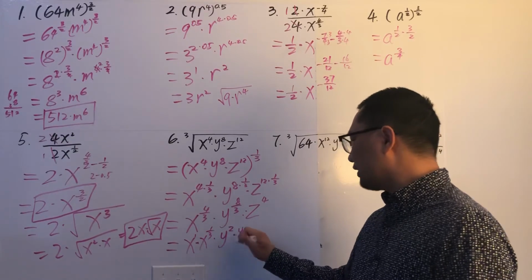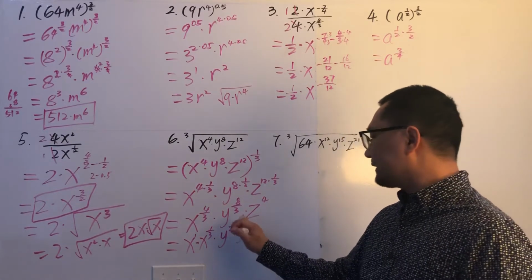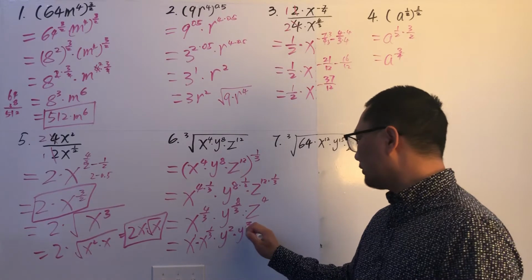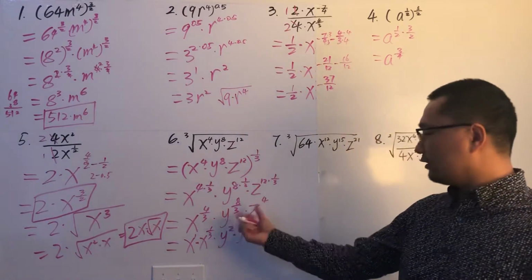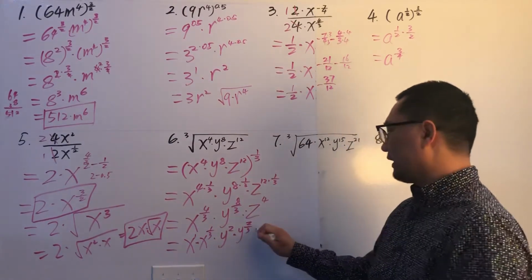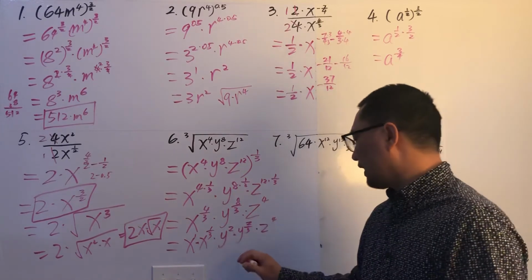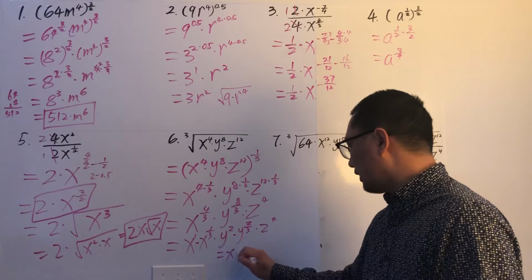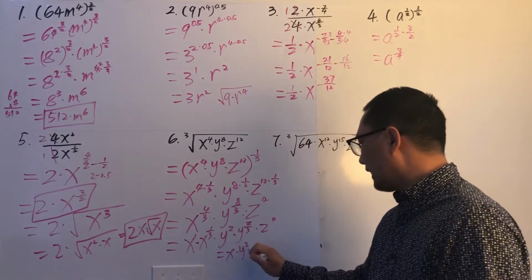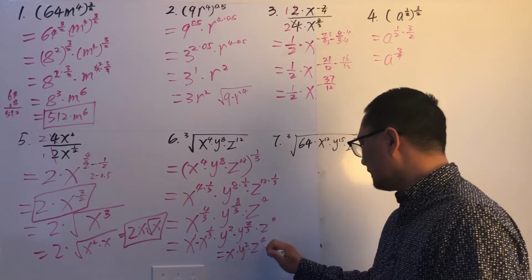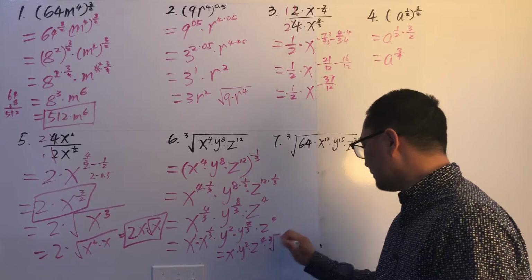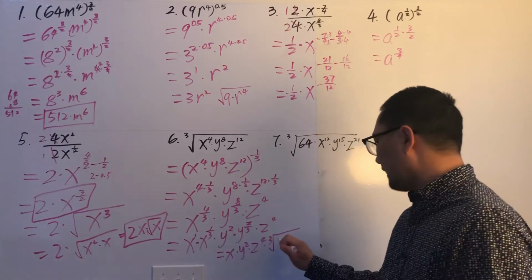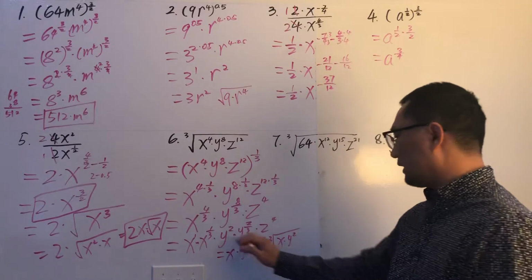Times y, because its square is 6 over 3. And also you have 2 over 3 this way. You can separate it like this way, and times z^4. So finally you can write x times y squared times z^4 times, if you still have square root, cubic root here, that means x times y squared inside.